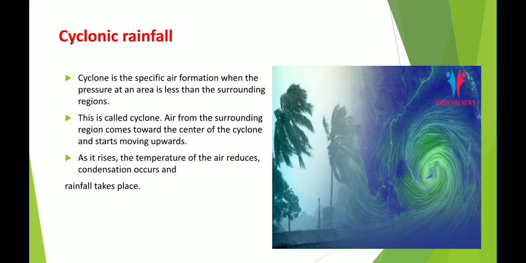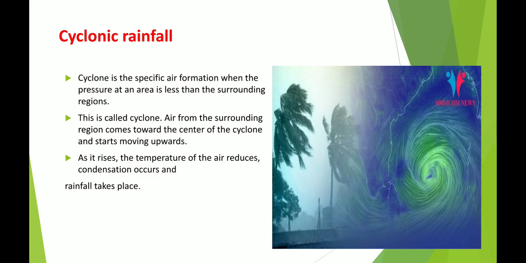You can see how cyclones are formed. Air from the surrounding regions comes towards the center of the cyclone and starts moving upwards, and as it goes up and up, the temperature of the air reduces and condensation takes place.